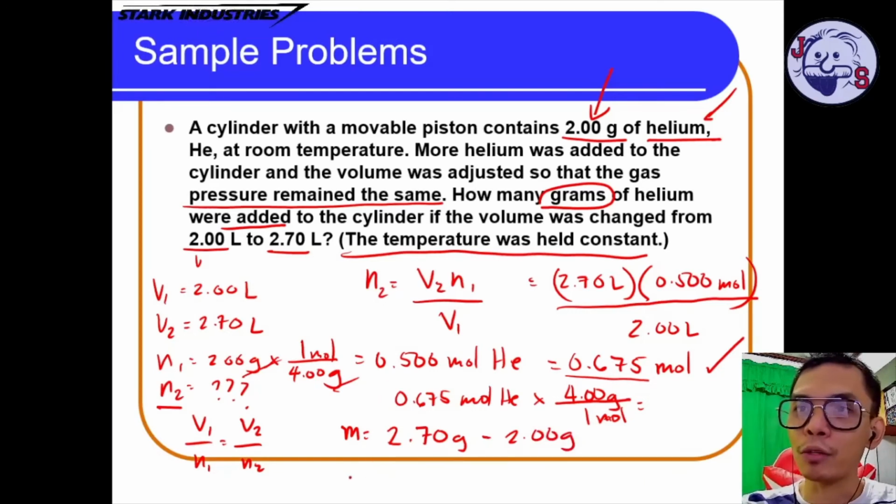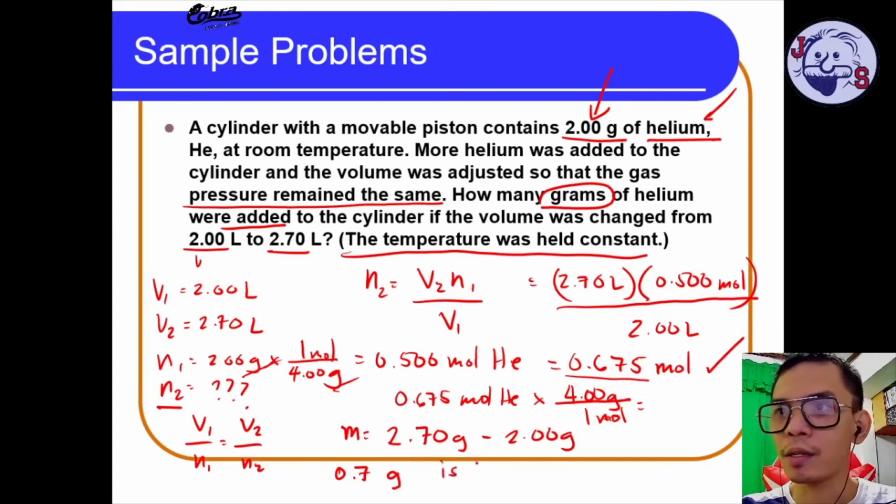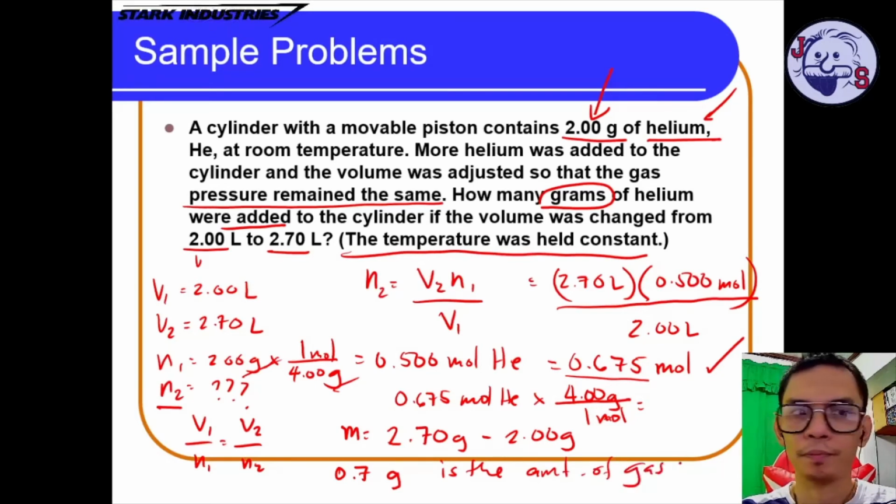So the amount that was added is 0.7 grams. So 0.7 grams is the amount of gas added.